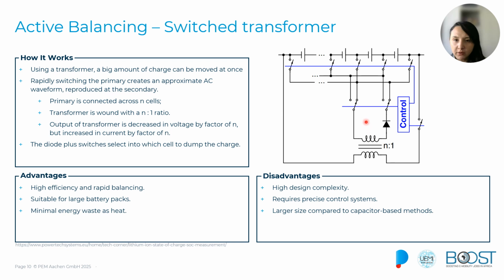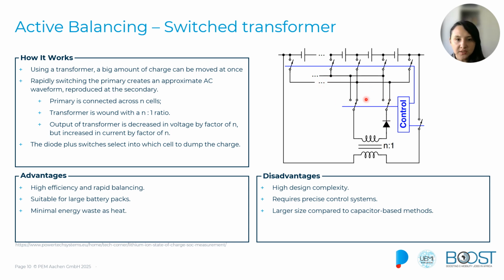The secondary voltage is then going to be directed to the cell that has the lowest voltage, or the cells that need to be charged and where we need to redistribute the energy.